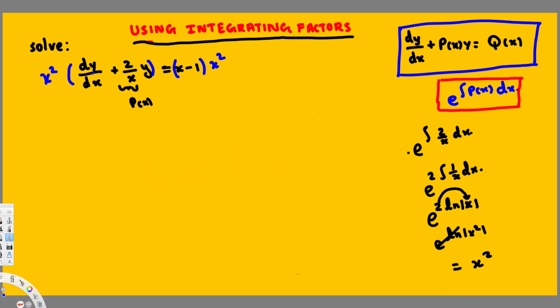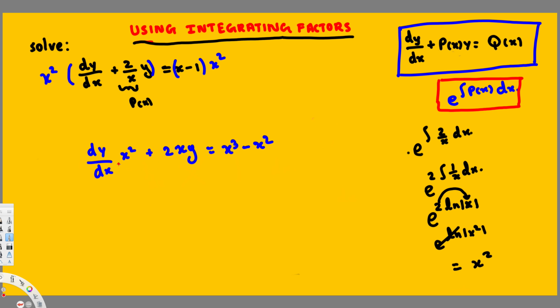If you multiply this one by x square, this is going to be dy over dx times x square, plus here we already have an x, and one of the x's cancels, so we are going to have 2xy remaining. And after that, this is equal to x minus 1 times x square, so that's going to become x cubed minus x square.